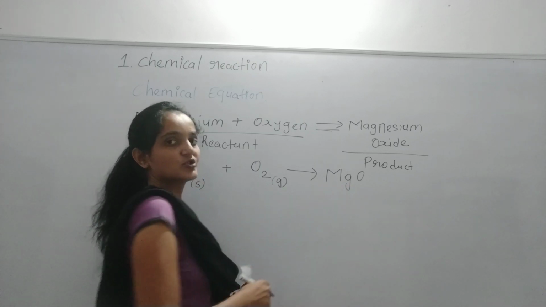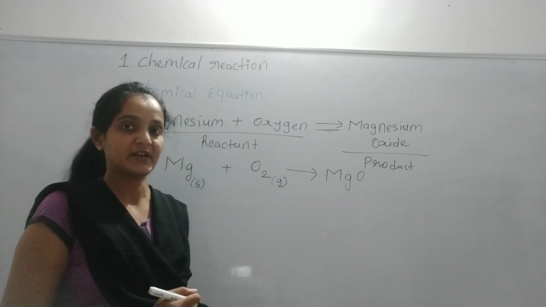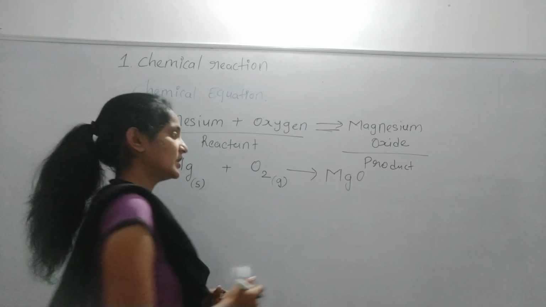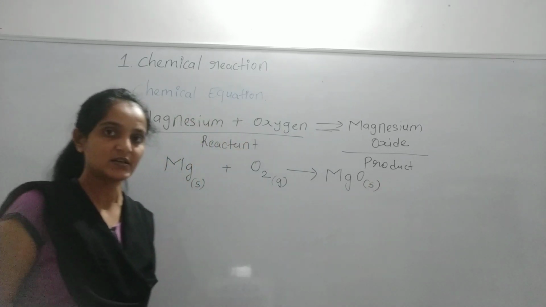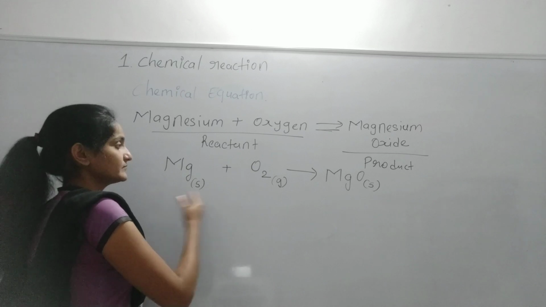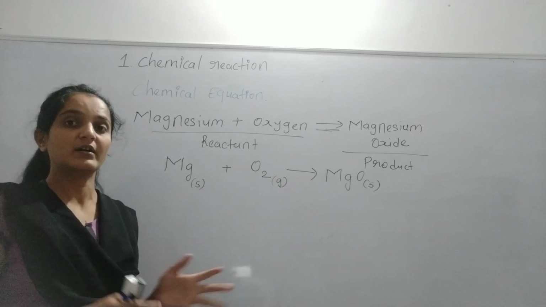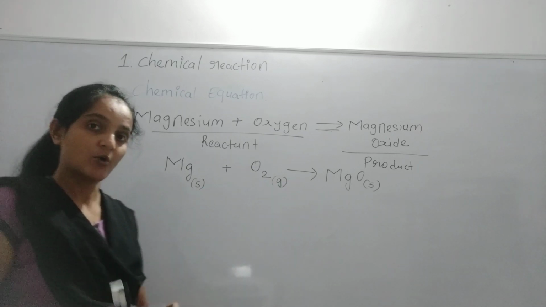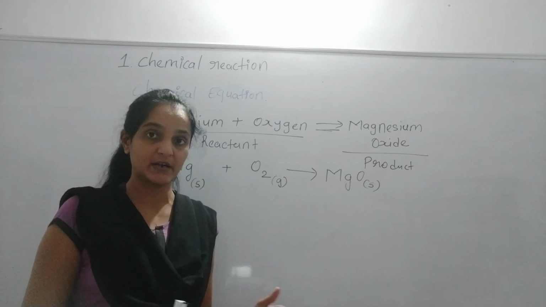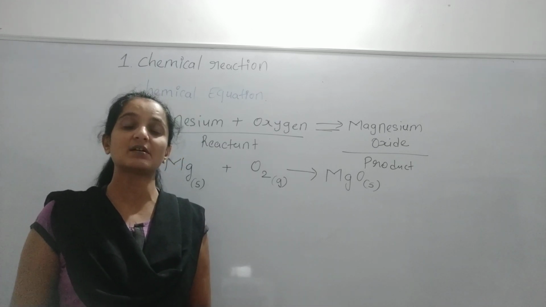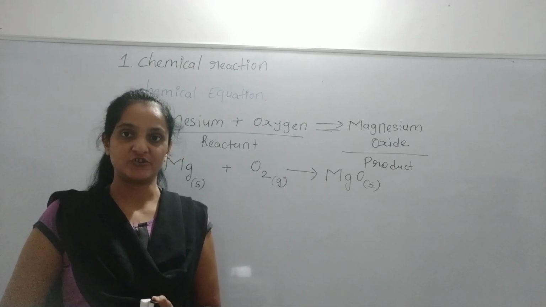Same way the magnesium oxide, which is a product, is also in solid form, so you can write S in brackets. Like this, we can write a chemical equation. Now, it can be considered a complete chemical equation, but it is not a balanced chemical equation.